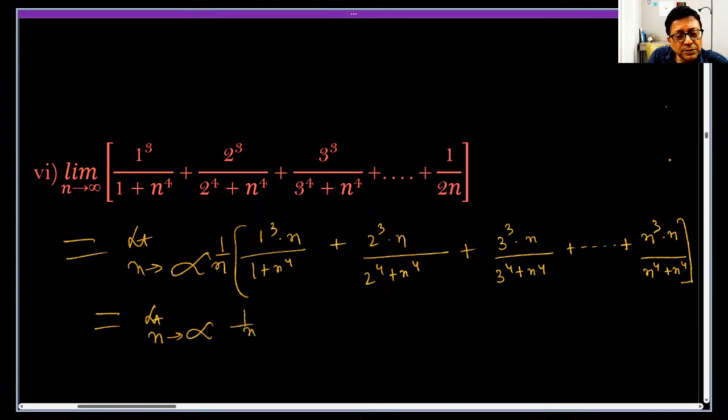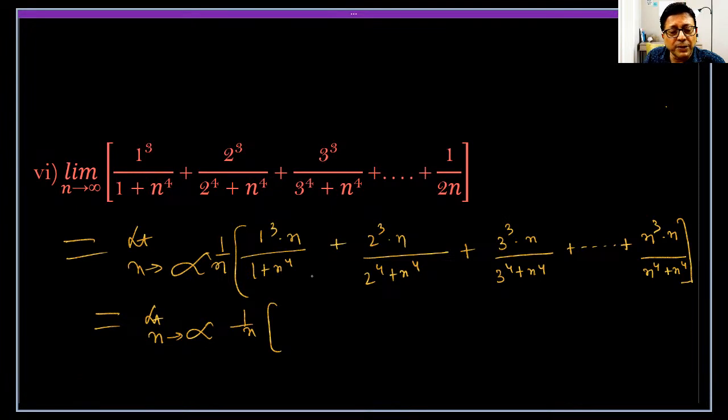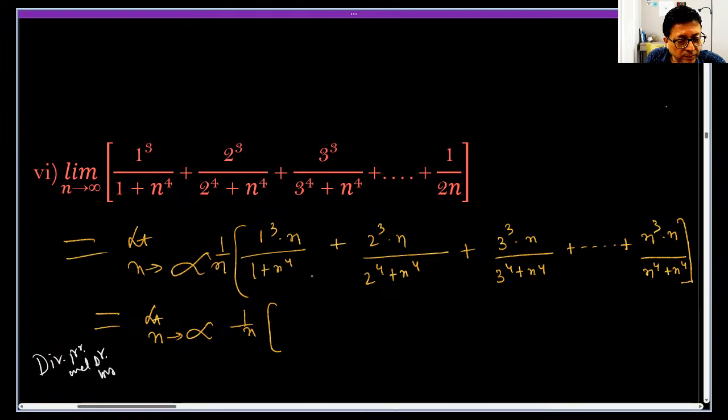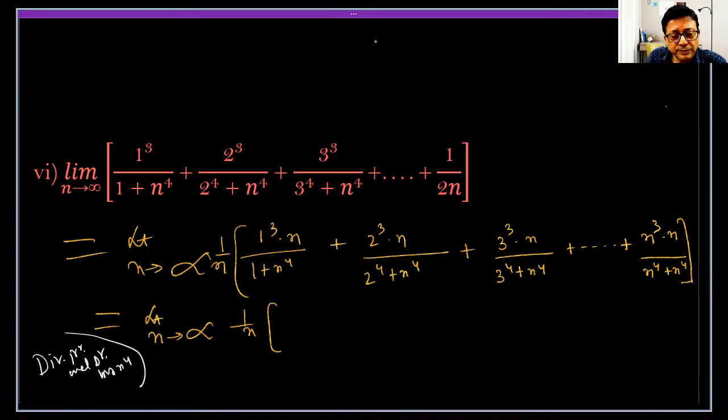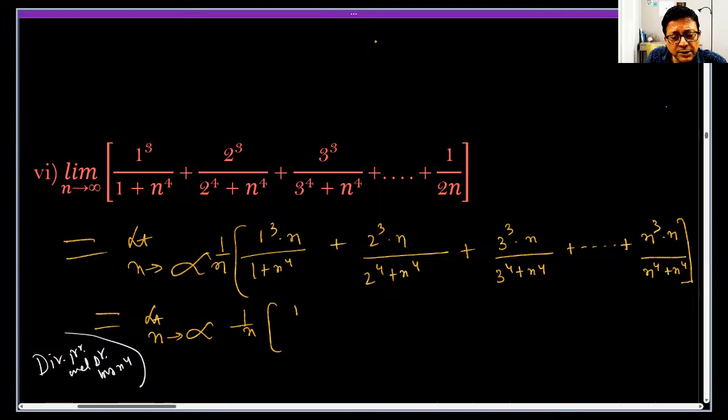Now what to do? You divide by n to the power 4. Divide inner and rear by n to the power 4. So what do you get? N gets cancelled. 1 by n whole cube, 2 by n whole cube.